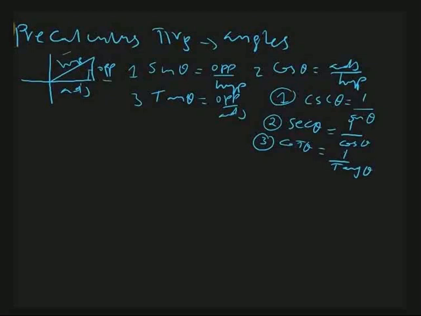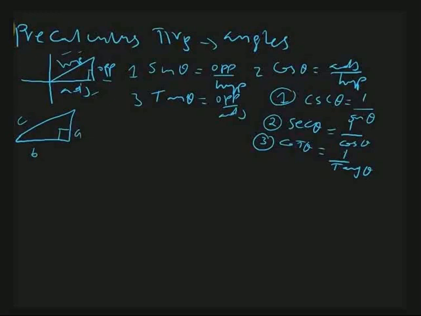So let's say you were asked to find the sine, cosine, and tangent of an angle, and you were given a triangle which has a 90-degree angle. The hypotenuse side we call c, the base is b, and a is the opposite side.